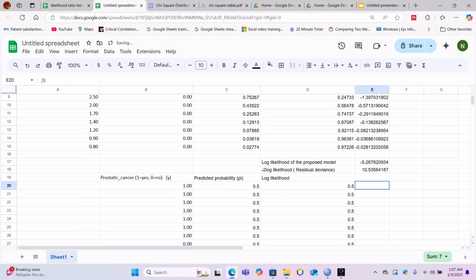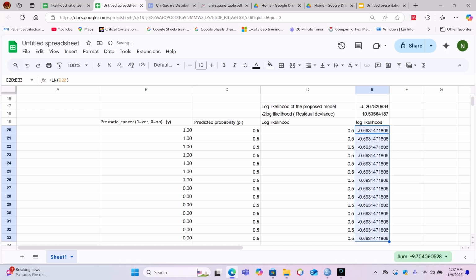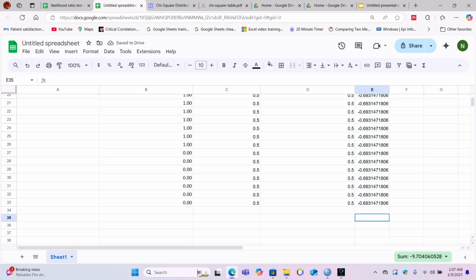Now we'll calculate the log likelihood. When you calculate the log likelihood, so the negative logarithm, the negative log likelihood, we'll sum these log likelihood values.